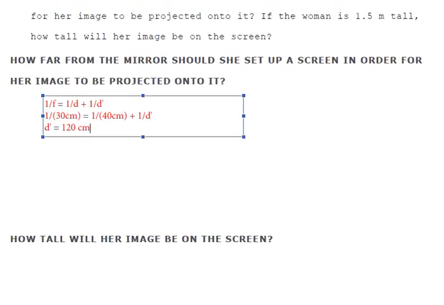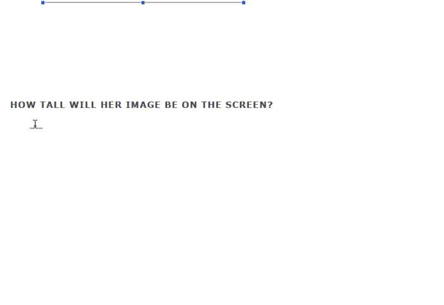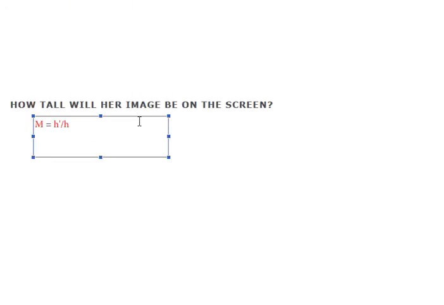Now for the other part, how tall will her image appear on the screen? So we'll be using our other equation here for magnification. We want to know how tall the image will be, so we're looking for h prime. Our equation looks like h prime divided by h. We know her height. We're looking for the image height. We actually don't know the magnification yet, so we'll have to use the other part of the equation first.